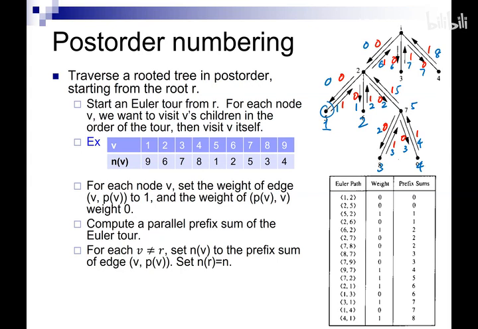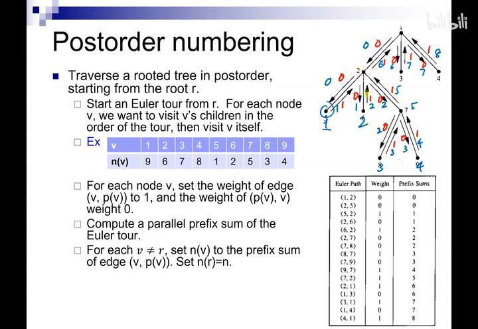The basic reason why this works is because when you do this Euler tour, this in itself sort of follows the post order. The only thing you need to make sure is that you only number a node when you've visited all of its children. So coming down to a node, we don't want to number that node yet.